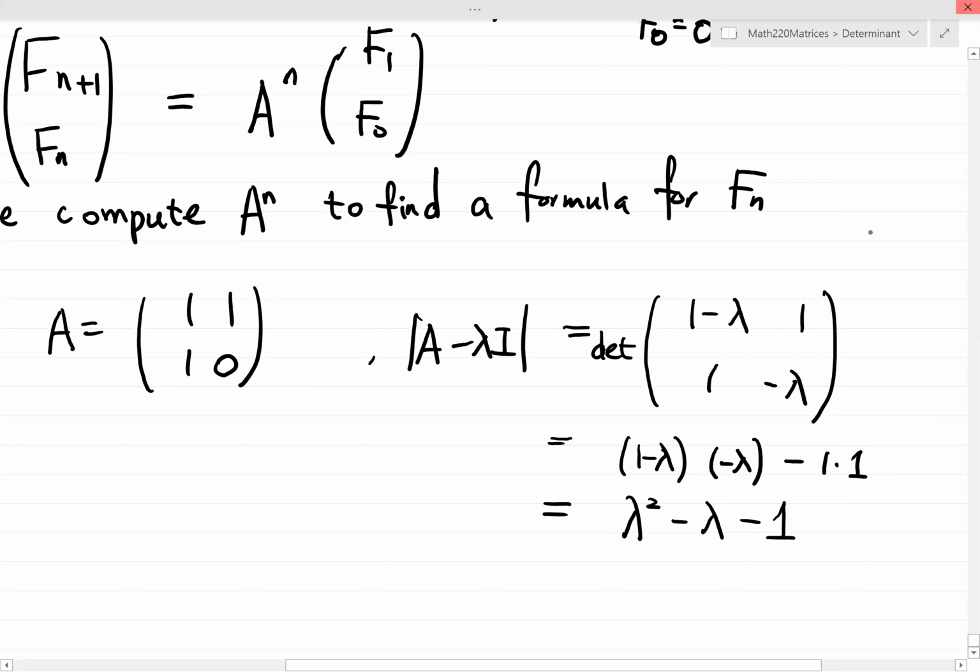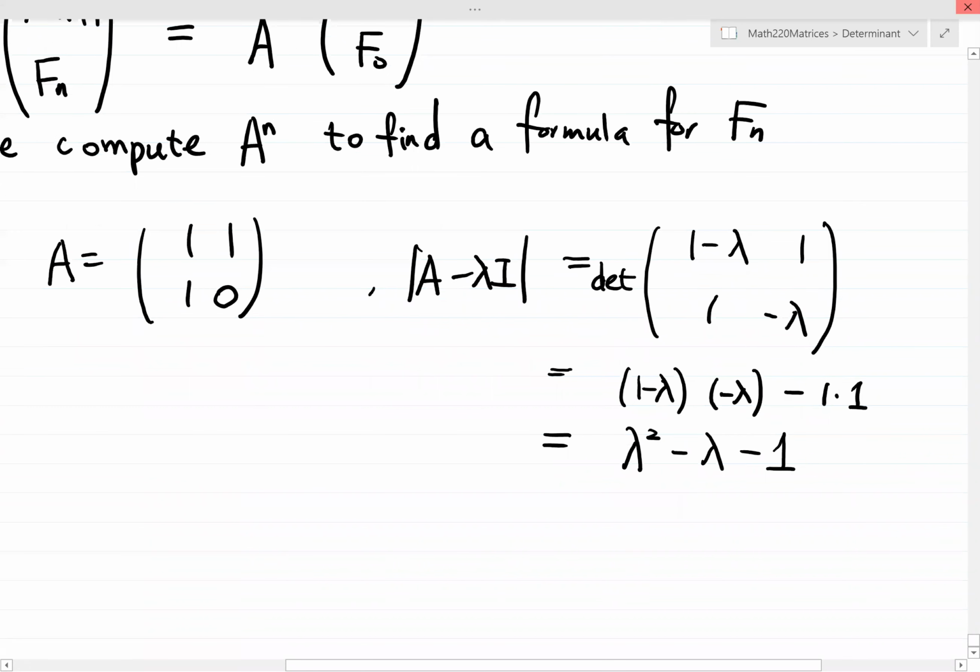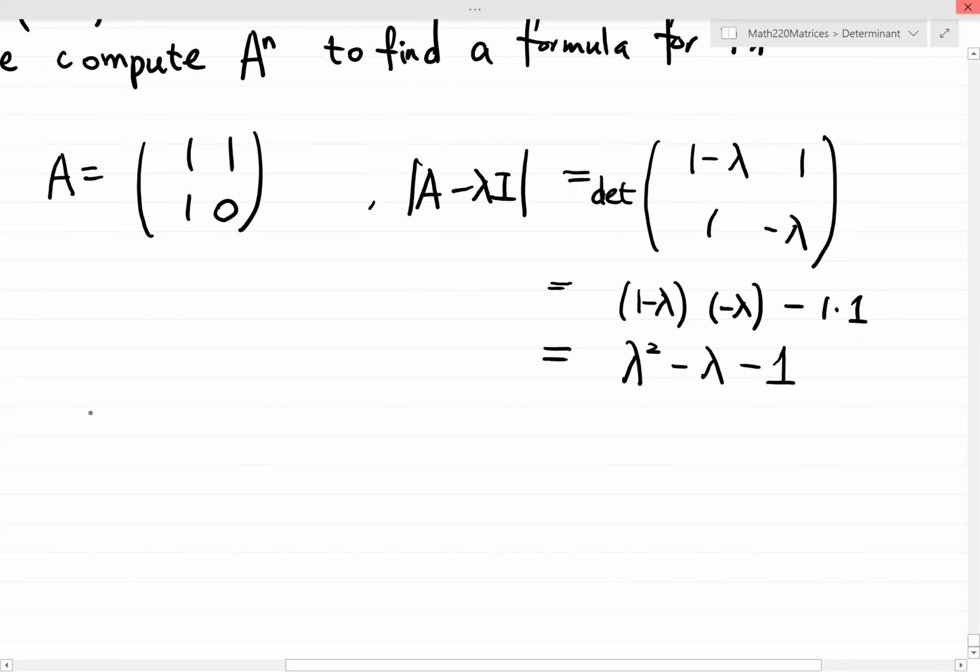To find the eigenvalues, we need to find the roots of this characteristic polynomial. So let lambda squared minus lambda minus 1 be 0. Then we solve by the quadratic formula.